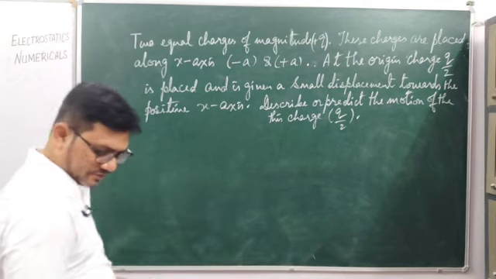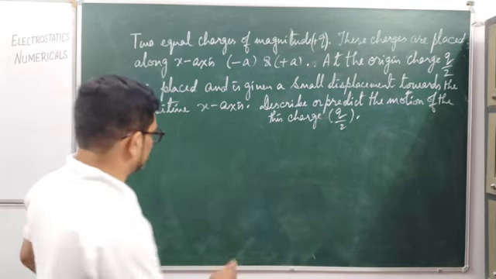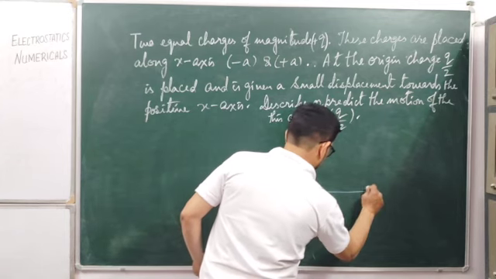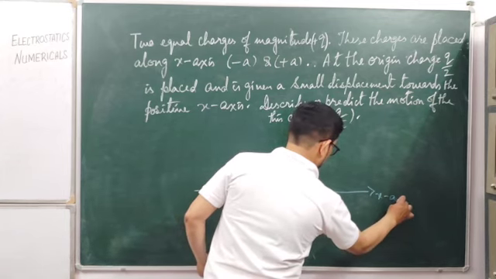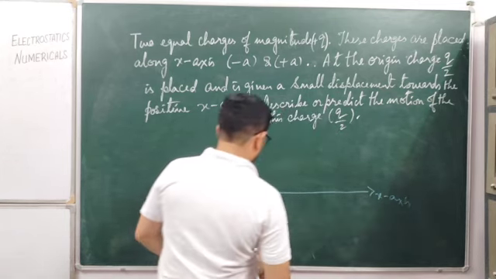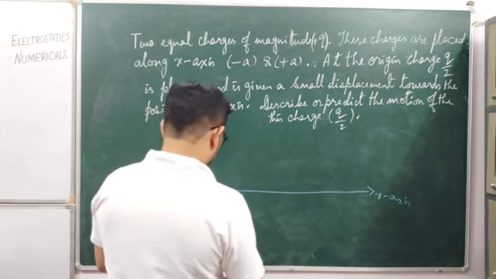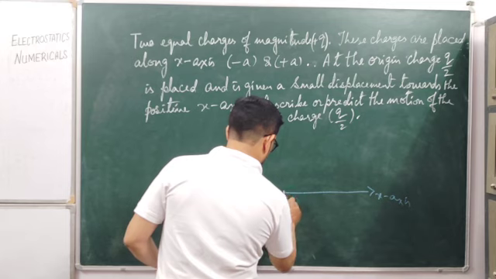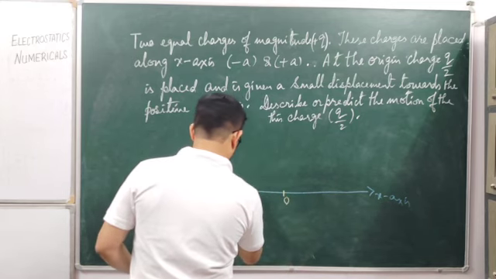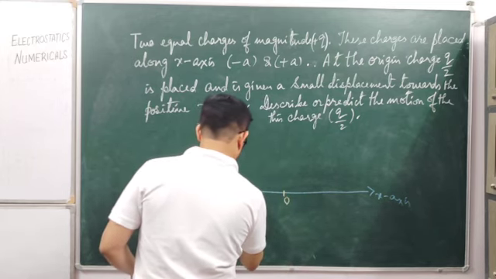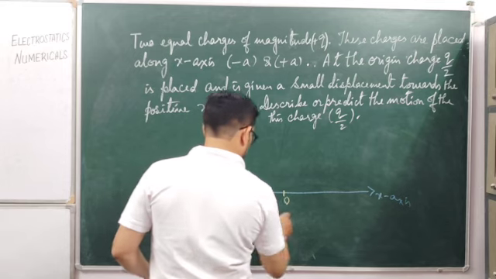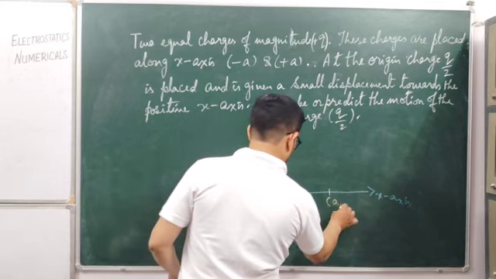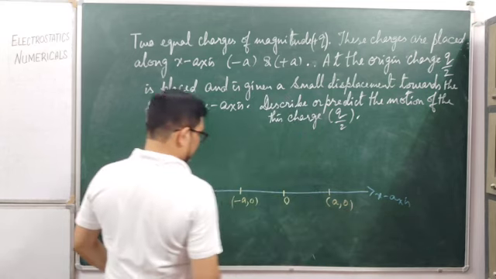So let's understand. Let us draw first the x-axis. Now here we have the x-axis. The question says that you have one charge placed at minus A. So let this be the origin, and this be a position which is minus A0 and this be a position A0.